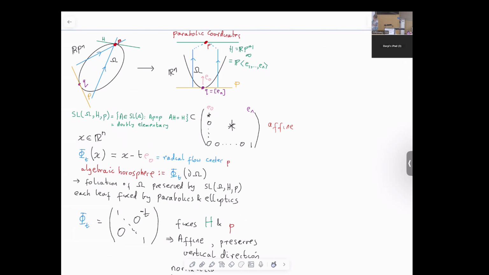And so the projective space at infinity is a projectivization of all these vectors where I leave out the 0th vector. And in these coordinates, this doubly elementary group is a subgroup of this group. So the first column is 0 except the first entry, and the last row is 0 except the last entry, where it's a 1. This is an affine group.